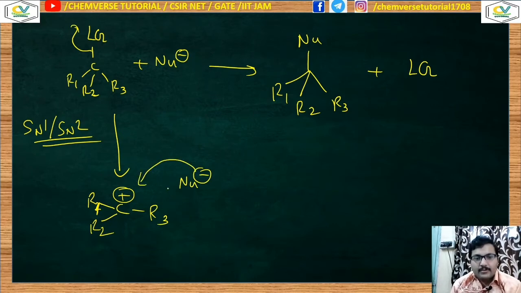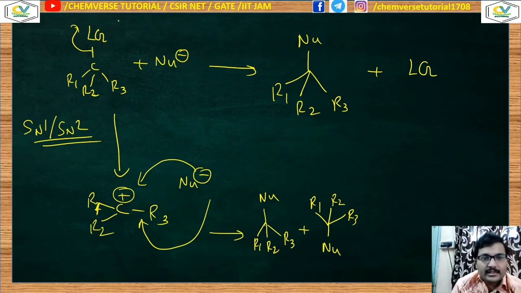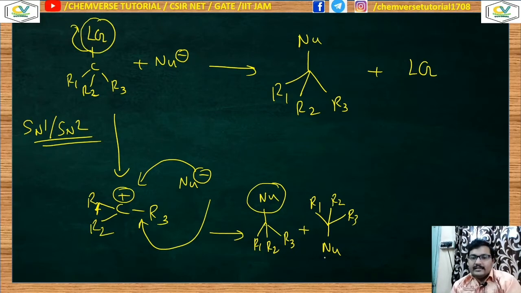It can attack from upside or from below, thereby leading to the formation of two kinds of product, with R1, R2 and R3, it's a very rough sketch of the product. So what I can see is that in one case the nucleophile is present at that side where the leaving group was present initially, and in the other case it is present on the opposite side, and there will be an equimolar mixture of them, a 1:1 mixture.